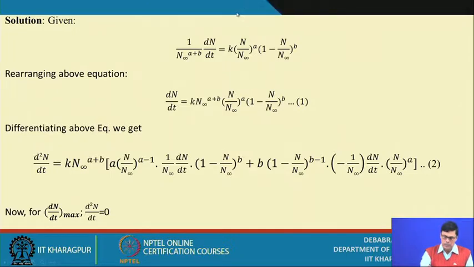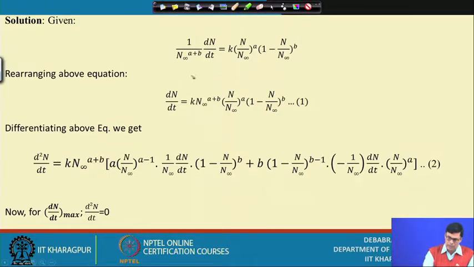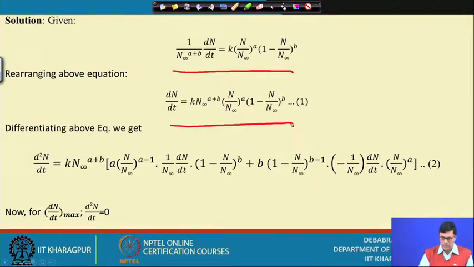Now, this is the solution, how we work out this problem. If you look here, this is the problem that has been given. Now, if I take N infinity A plus B on the right hand side, the equation becomes this.